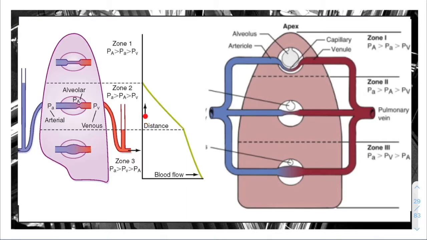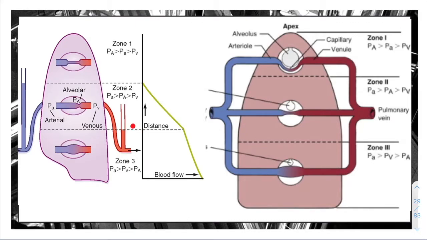So for every 1 cm increase in location of your pulmonary artery segment above the heart, there is a corresponding decrease in the hydrostatic pressure equivalent to 0.74 millimeters mercury. So the pressure in the pulmonary artery segment that is 10 cm above the level of the heart is 7.4 millimeters less than the pressure in a segment at the level of the heart.